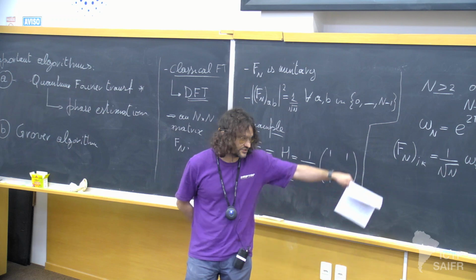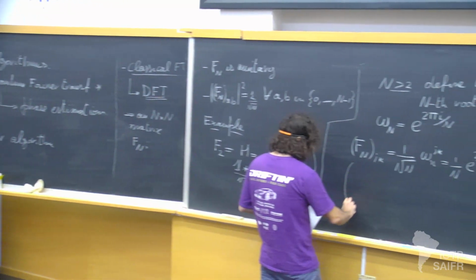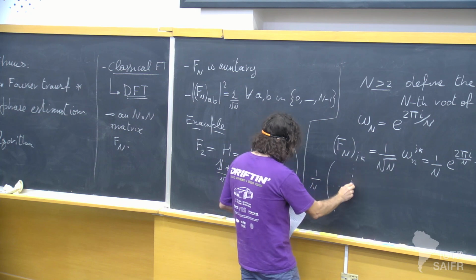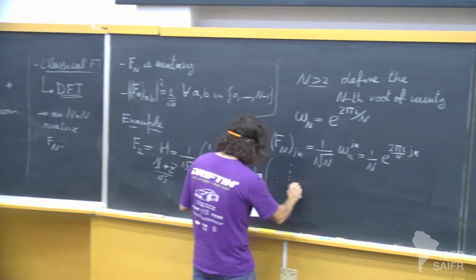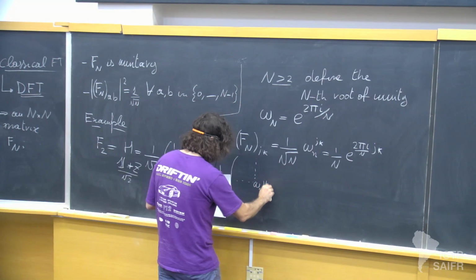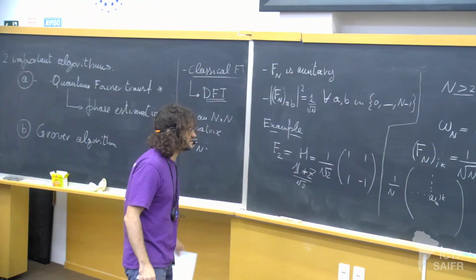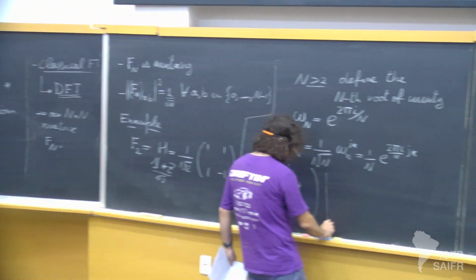This is the discrete version, but it's exactly the same thing. So as a matrix, we get a big 1 over square root of n in front, and then the jk location is characterized by omega n to the jk.